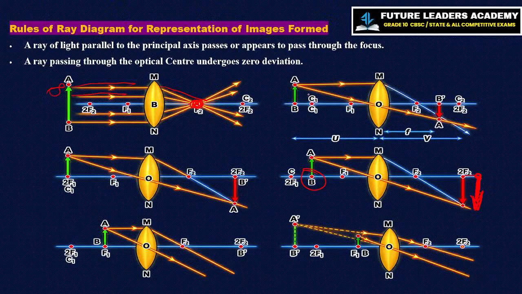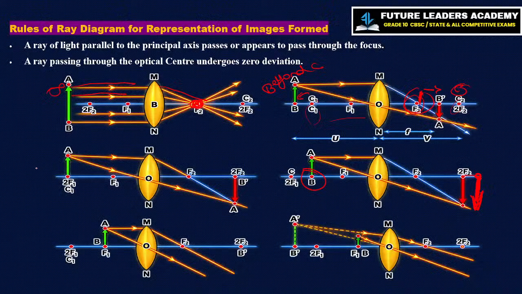Okay. Then if you keep the object beyond C, here C1 or 2F2, or F1 to F1, you can keep it here, no problem, but better like this. Now, beyond C, the image will move away from the focus point, between F1 and F2.